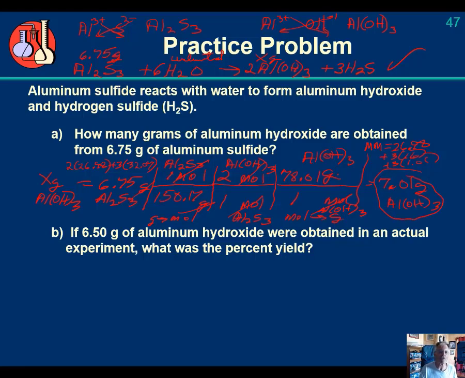All right. Now, here's the deal. When these two reactants begin to react, as that reaction proceeds, I start running out of the aluminum sulfide. As I run out of the aluminum sulfide, it gradually gets to be a slower and slower reaction. It's based on something we call collision theory. And eventually, I reach a point where the reaction becomes balanced in a condition we know of as equilibrium.